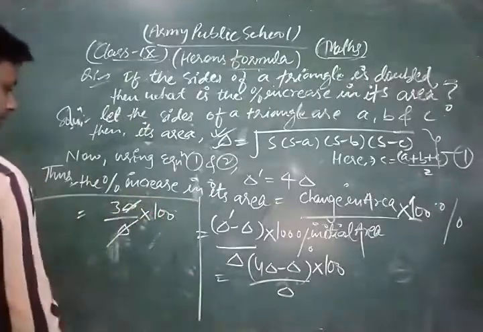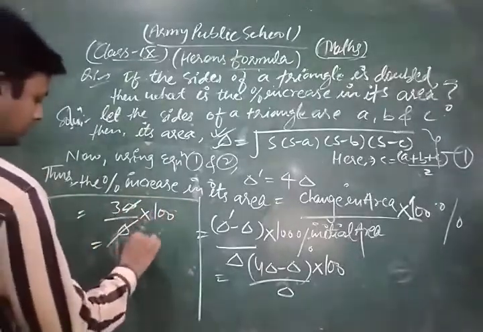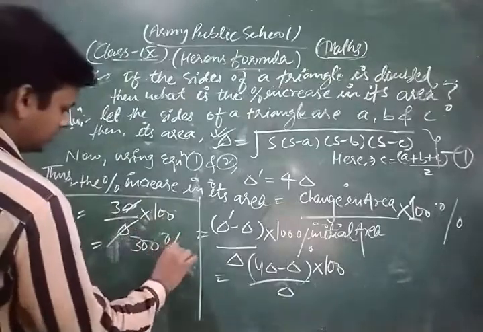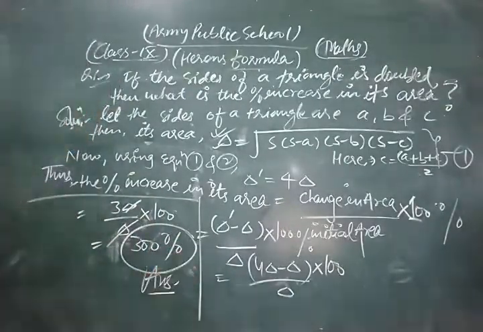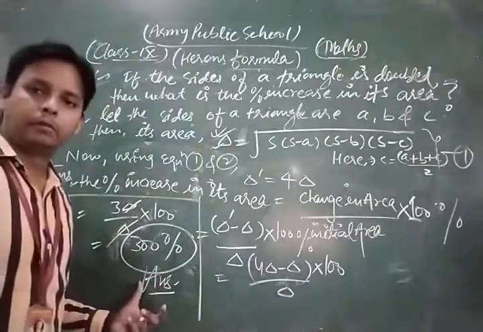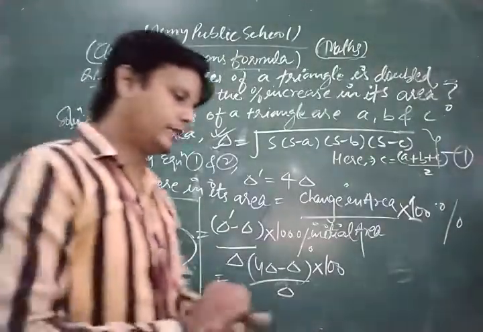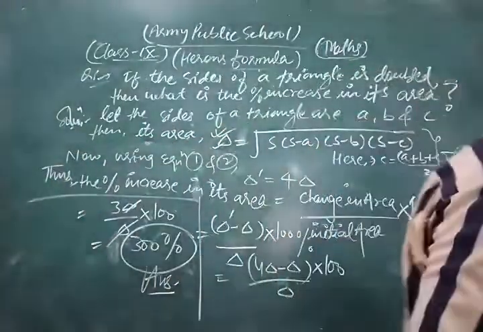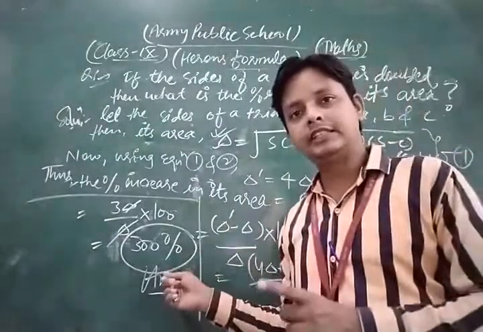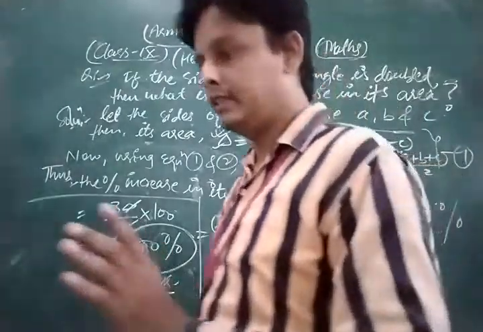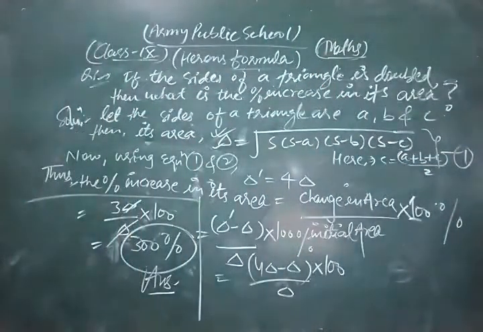The deltas cancel each other, so we get 300, that is 300%. So, dear friends, this is the percentage increase in the area of the triangle ABC.